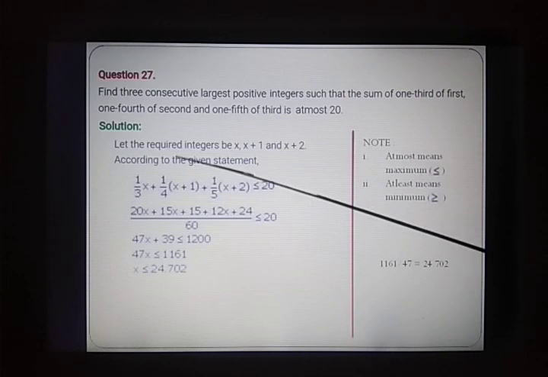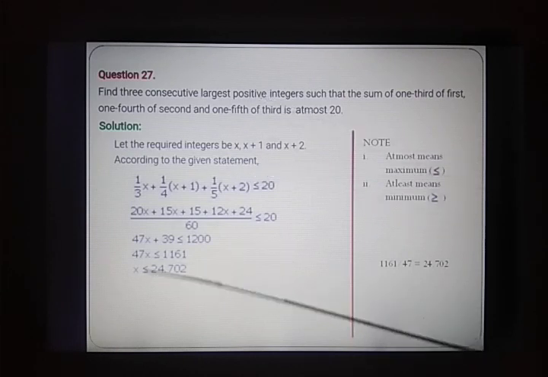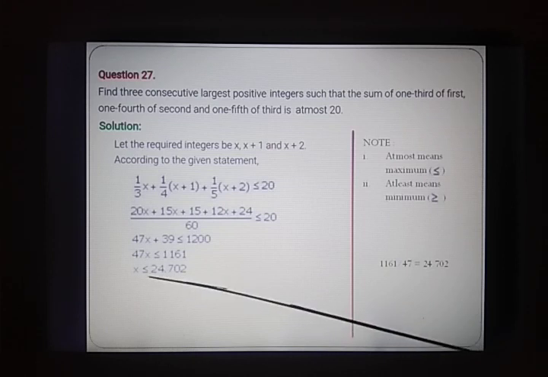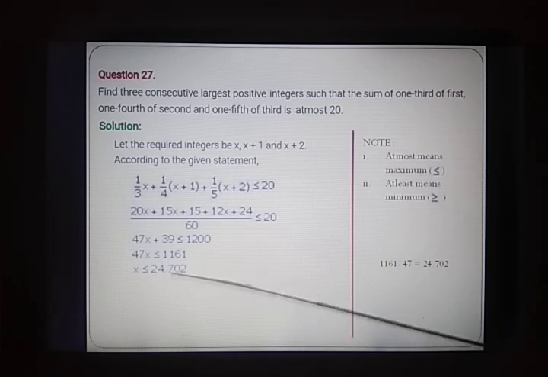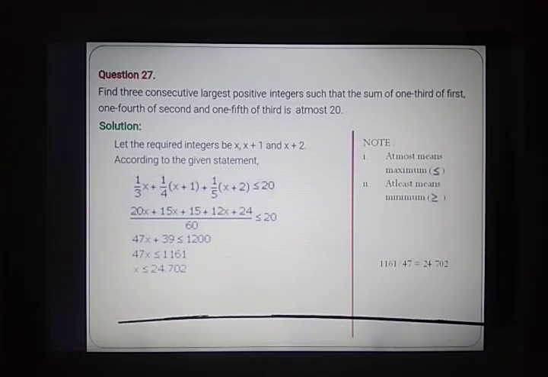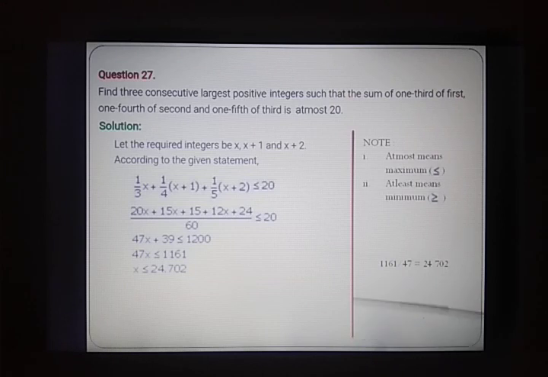Now what is this? x is an integer, right? So what is the integer which is less than 24.702? Suppose this is my number line, and suppose my 24 lies over here, then 24.7 lies somewhere over here, right?